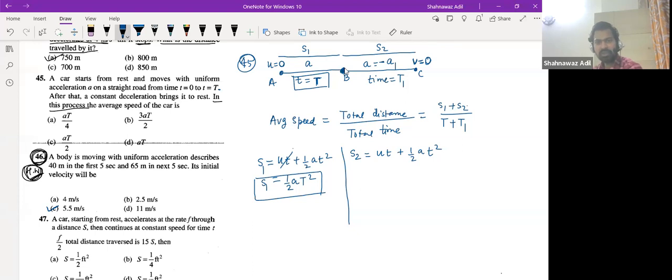A is the initial point, B is the final point. If I'm calculating the speed at B, what is that? That would be the final velocity, right?